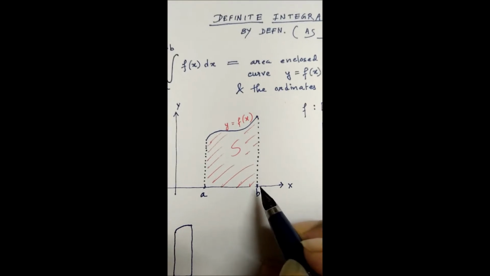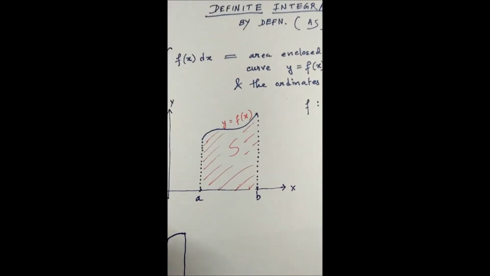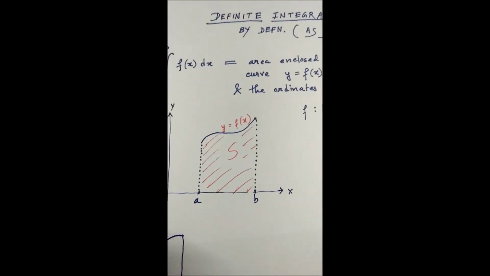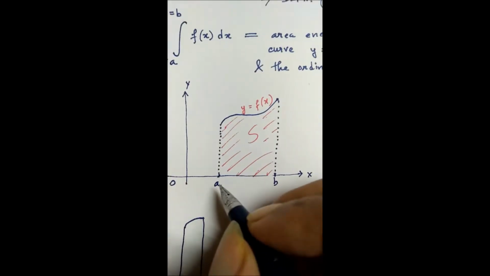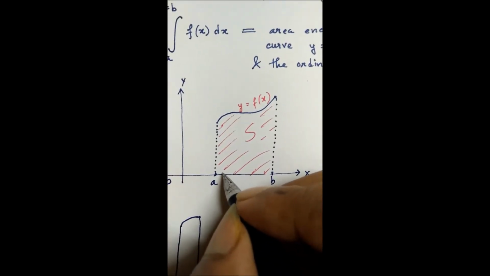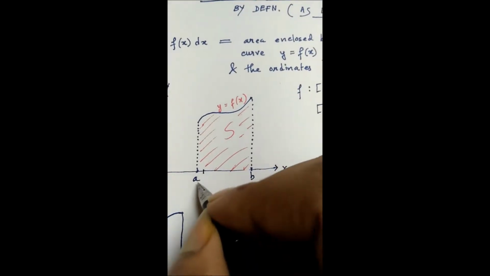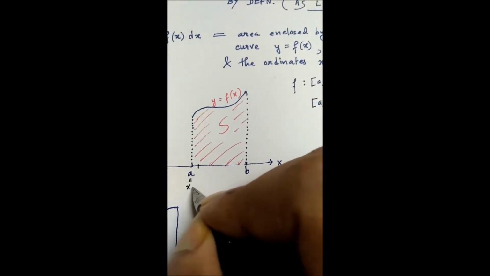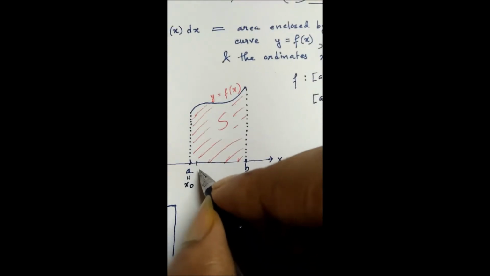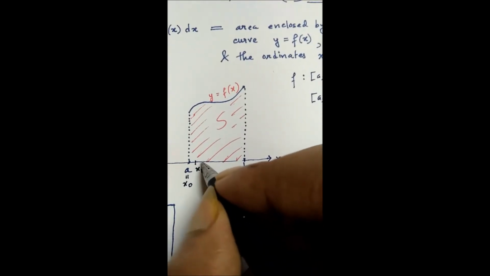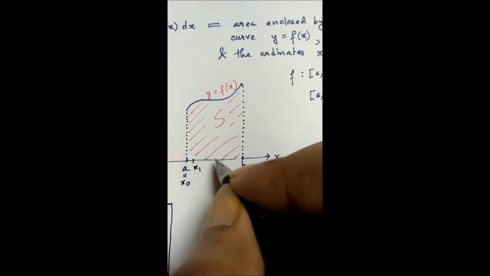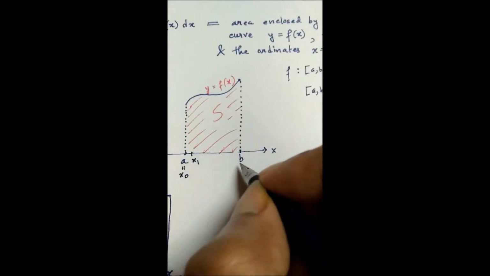divide this whole interval into equally spaced parts. So if I want to divide it into, say, n parts, I'll name the first point x0, the second point x1, x2, so on and so forth.